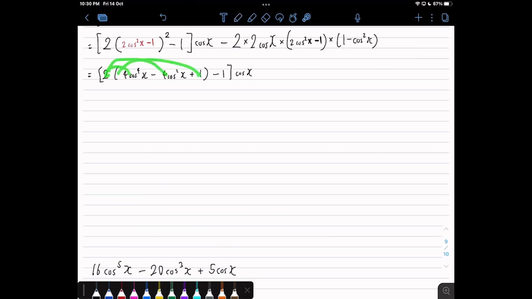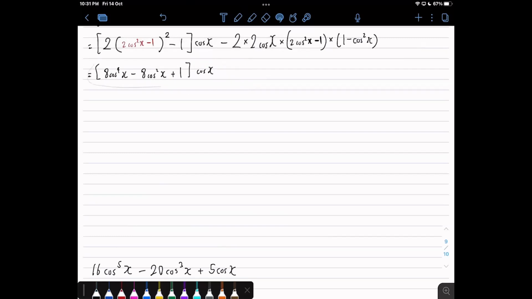When I multiply the 2 in, then I will end up with 8, 2, 2. Okay, good. So the 2 is times in already. This round bracket no longer matters, so I'll erase the round bracket. Plus 2 minus 1 becomes a plus 1. Then don't forget there's a square bracket around it, then times cosine x. Okay, this one I don't erase.